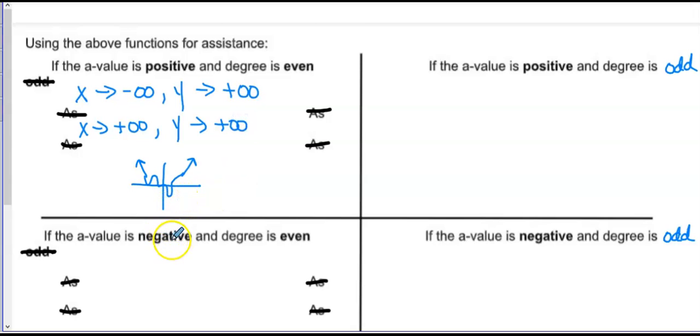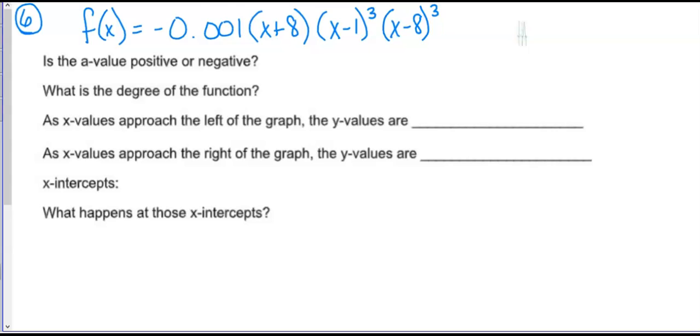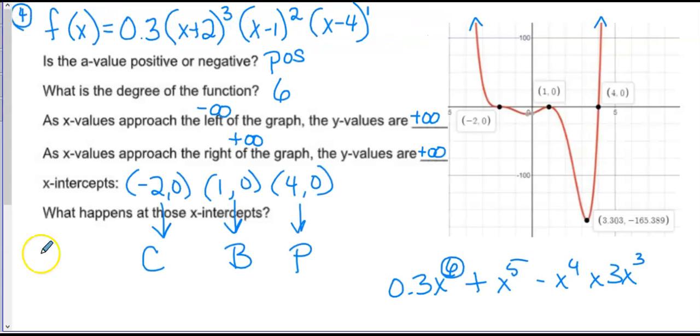So invariably, it could be a parabola, it could be all kinds of stuff going on in here, but these are what the arrows are going to do if the a value is positive and the degree is even. So if you go back and look at, let's see if we can find one. Here's one right here. Degree is 6, the a value was positive.